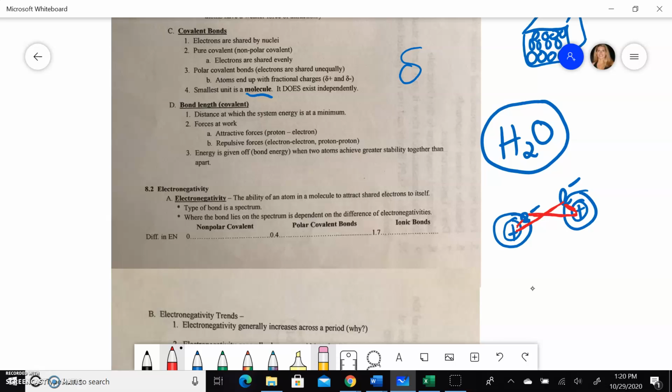So the opposites are all attracted. We also have some repulsion going on between this nucleus and between this electron and this electron. So there's all kinds of forces of attraction and repulsion happening, and what the atoms are going to do is align themselves so that they're at the perfect distance where they have the minimum amount of energy.